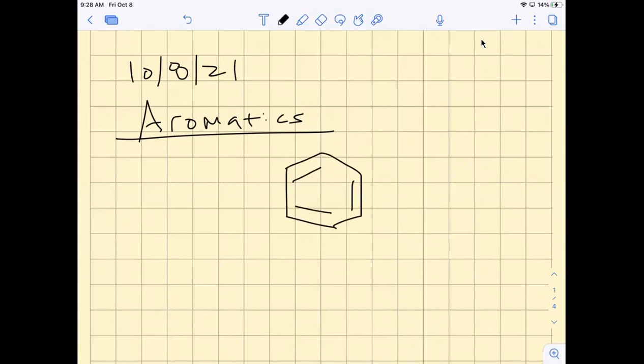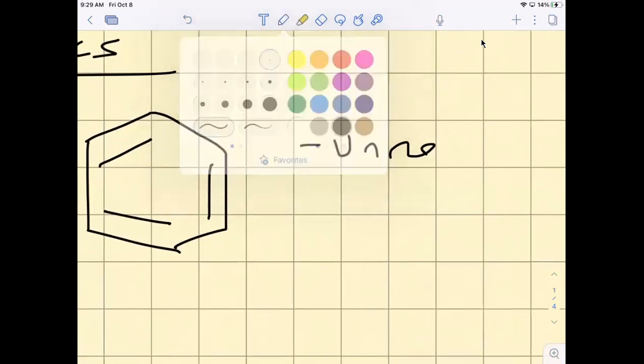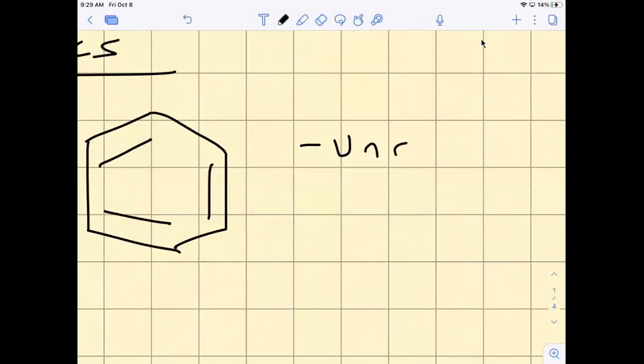The thing about benzene is, there's several things about it. Number one is it's really unreactive because of the stability, because of the conjugation and the aromaticity. It's really, really unreactive unless you use some type of catalyst, or you just beat the crap out of it, using really harsh reaction conditions. It's unreactive. All of your bonds have the same length.